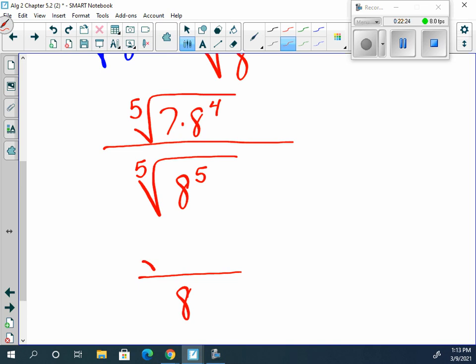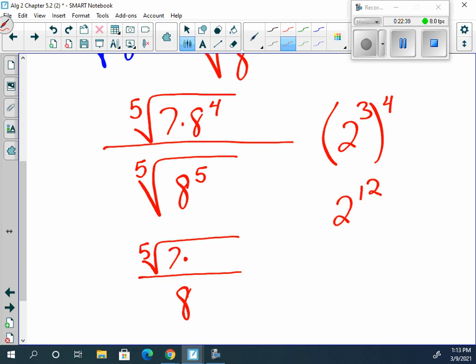Up here, I do have the 5th root of 7 times, well, 2 is 2 to the 3rd, yes? Now it's to the 4th, so we really have 2 to the 12th power. I'm going to break this up just so that it's going to make sense. Because really, what did I do? 2 to the 10th, just 2 to the 10th plus 2.